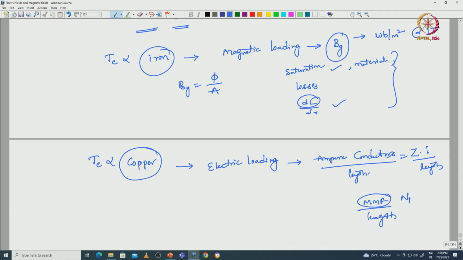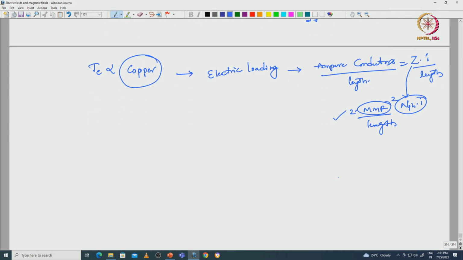mmf is nothing but N phase into I. So, here instead of N phase we can select 2 into N phase. So, with respect to the mmf we can represent the electric loading as 2 into mmf divided by length also.